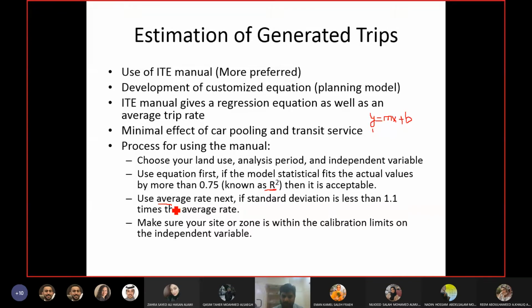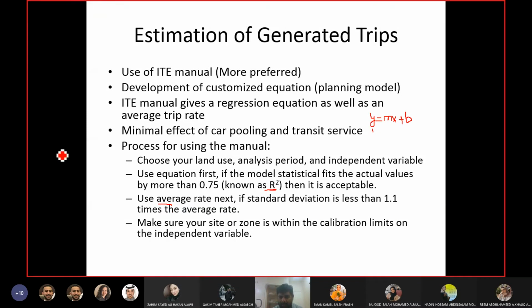One was for the equation, the other is for the trip rate, and then we have the third check, which is whether the size of the site or the zone is within the calibration limits of the variable. The size of your zone should be within the limits of the size taken by ITE.